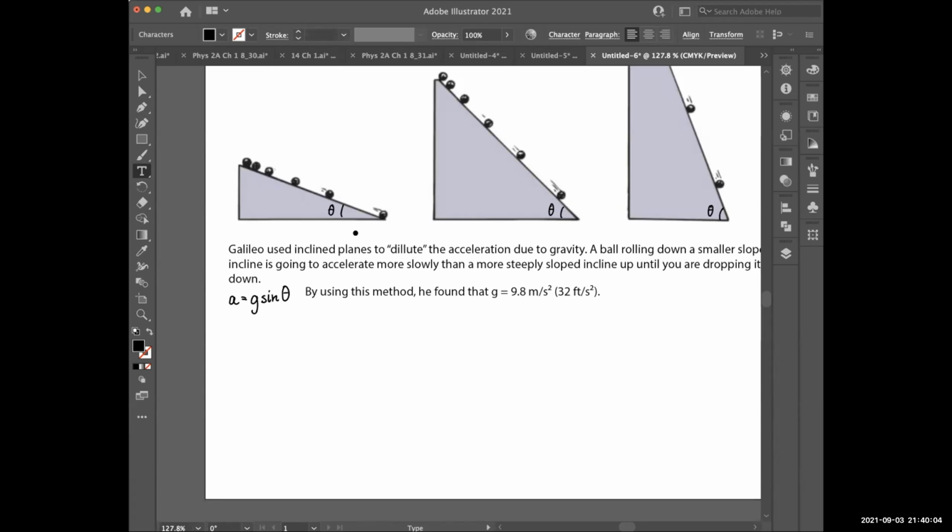But what was really weird is it didn't matter how big the object was. Very interesting. So this measurement is fixed for gravity.